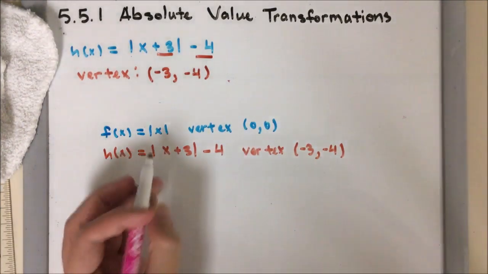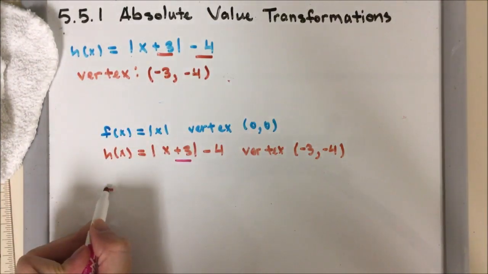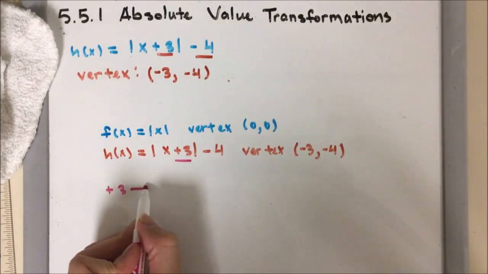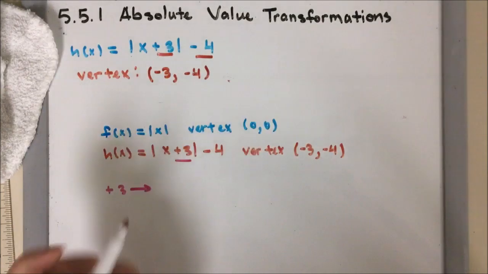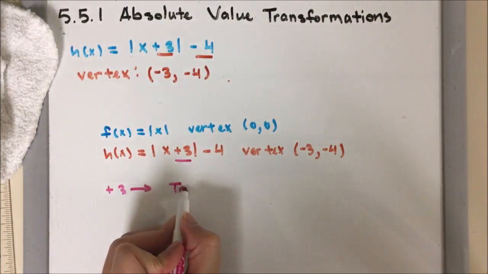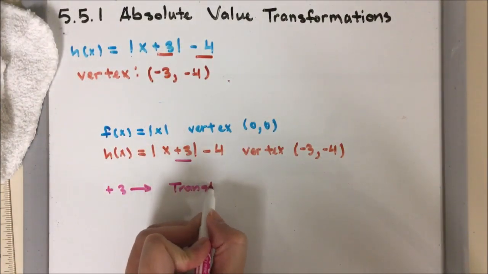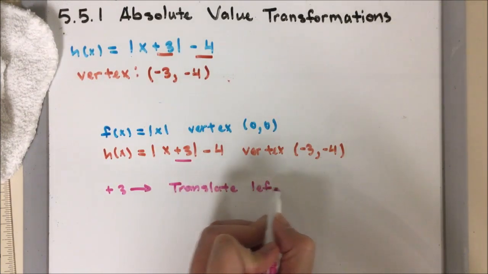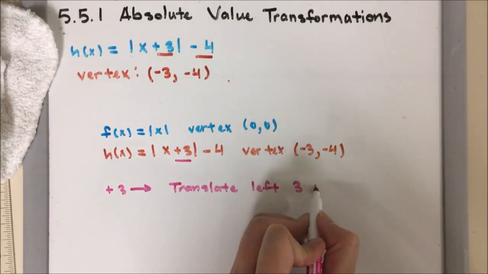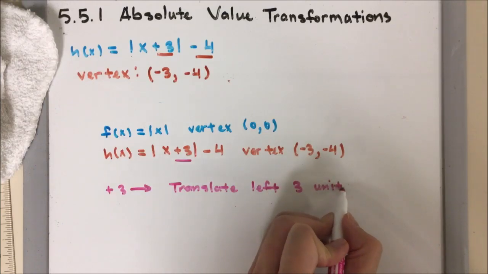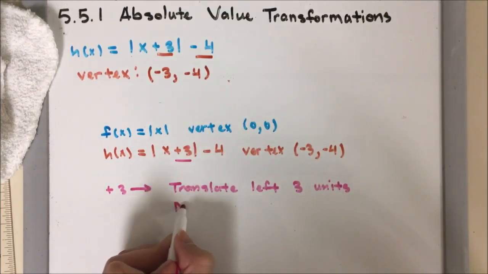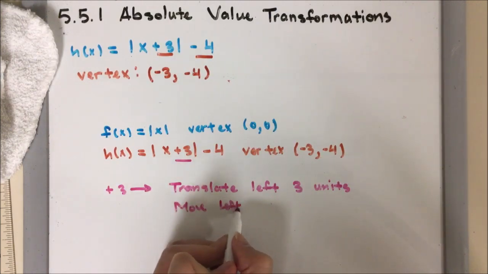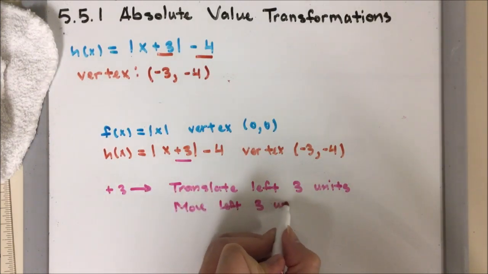So if it was plus 3 inside the absolute value lines, then that means that it translates left 3 units. You could also say move left 3 units.